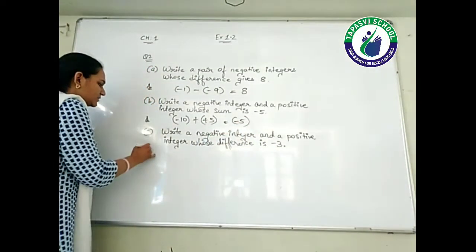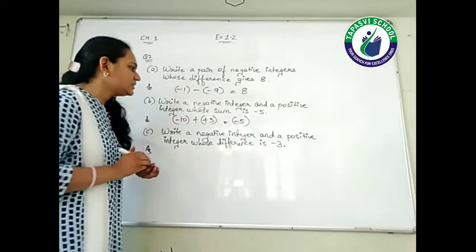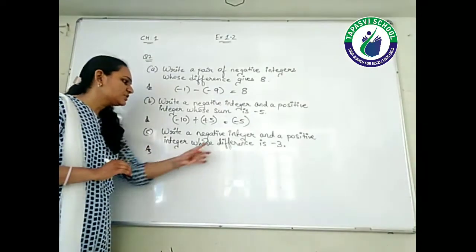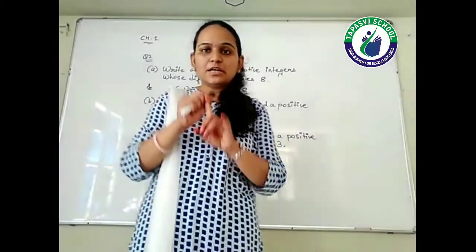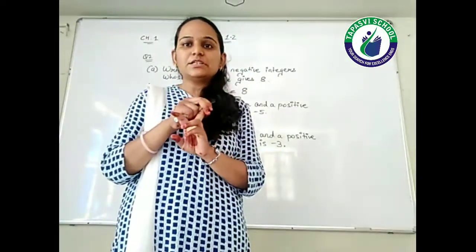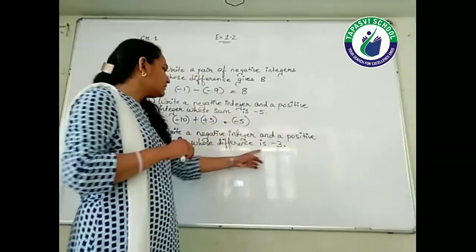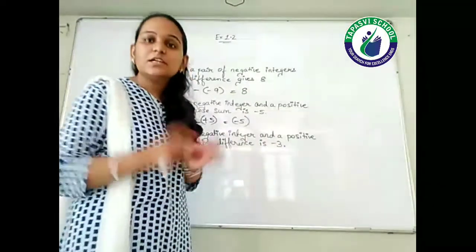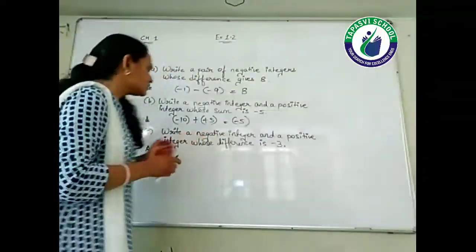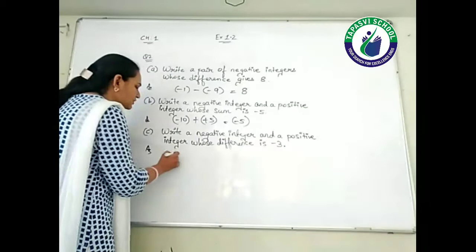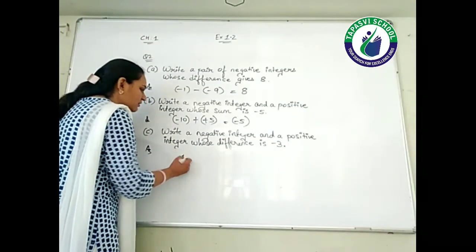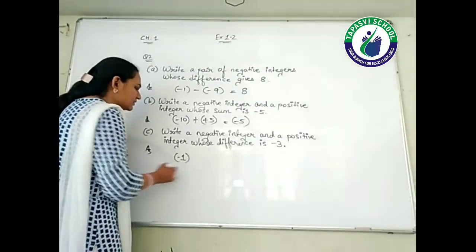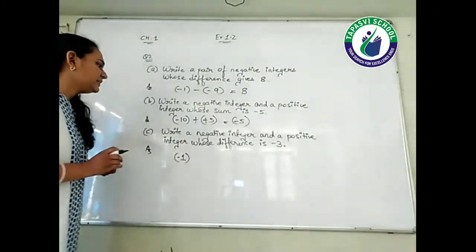Seeing the last question, students: write a negative integer and a positive integer whose difference is -3. That means one integer should be positive, another integer should be negative, and the difference is -3. So one negative integer should be there. I can write -1 and a positive integer.